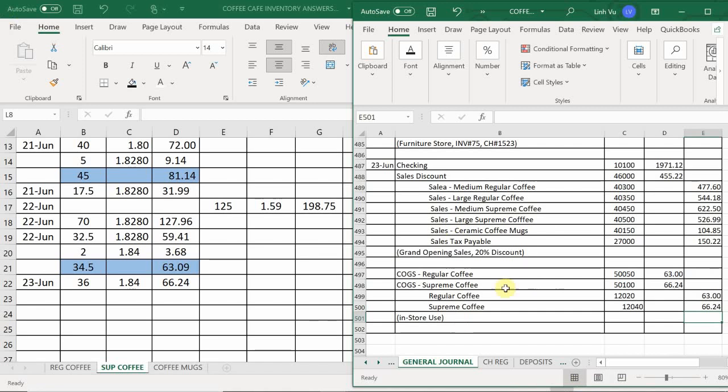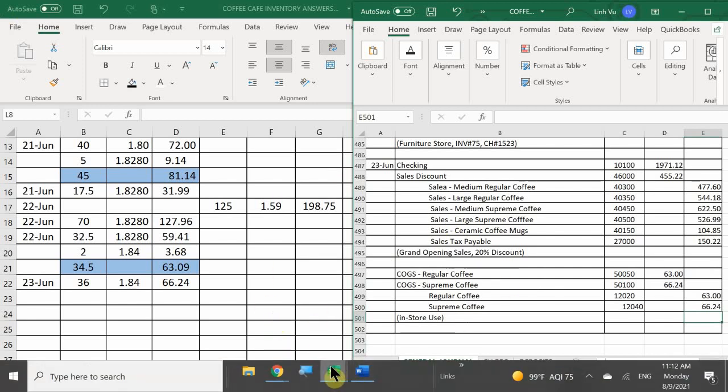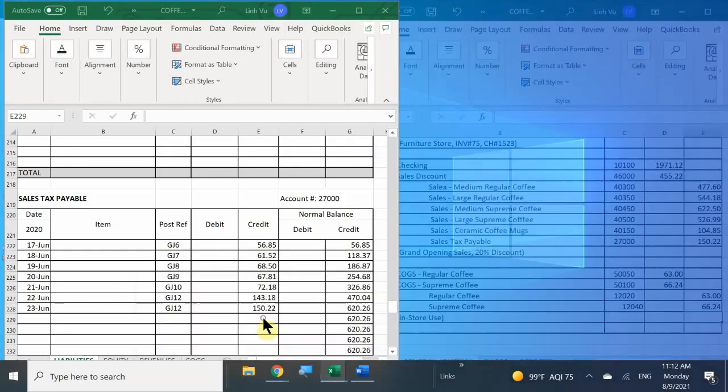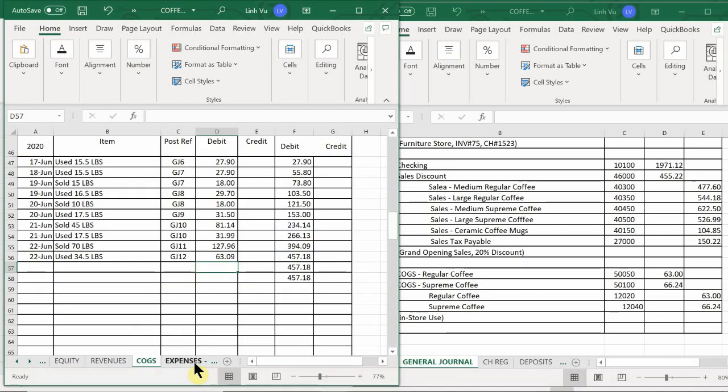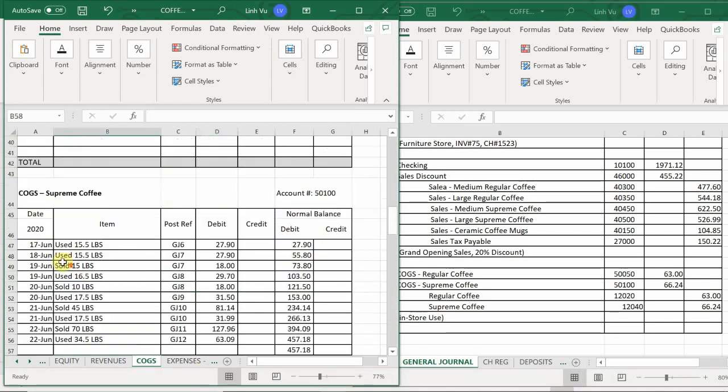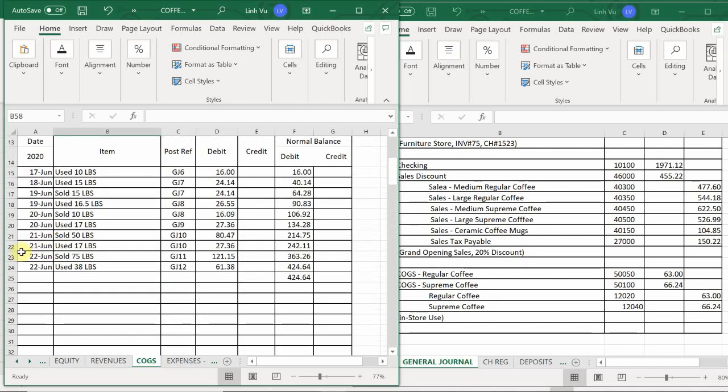Okay. So let's go ahead and plug those numbers in so we can double confirm with our ledger that those numbers should match. So in this case, I'm going to go to my ledger, go to my cost of goods sold first. Okay.